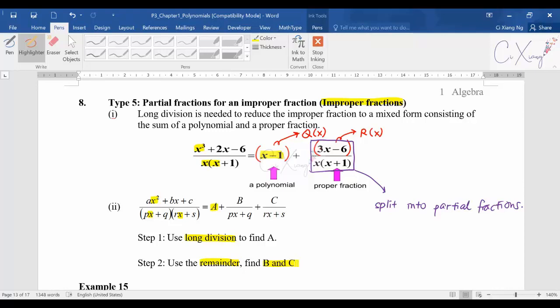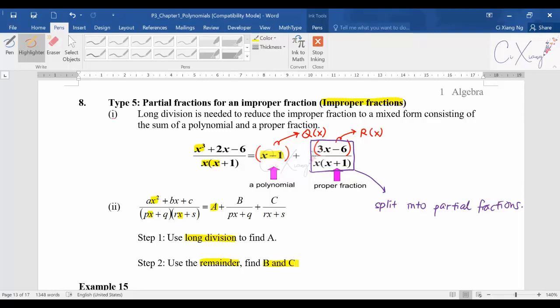They straight away start with the partial fraction. They forget that they may have an improper fraction in the question and need to apply long division, because the question will not give you any hint. If you don't apply the long division and straight away proceed with the partial fraction, I will tell you the answer will not be correct. So this is a very common mistake. Please take note of this.